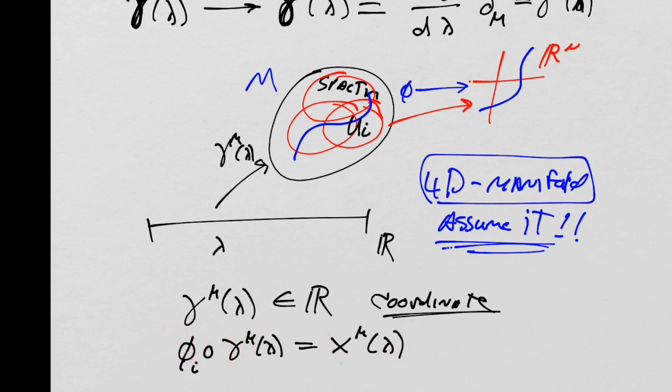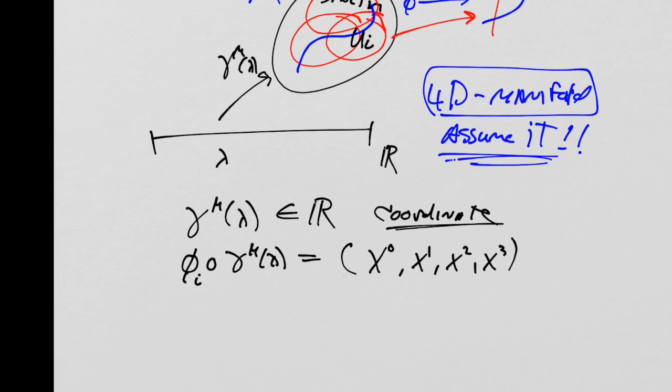And even that's not exactly right, because the chart after the map is actually going to be a set of 4 coordinates, x0, x1, x2, and x3.